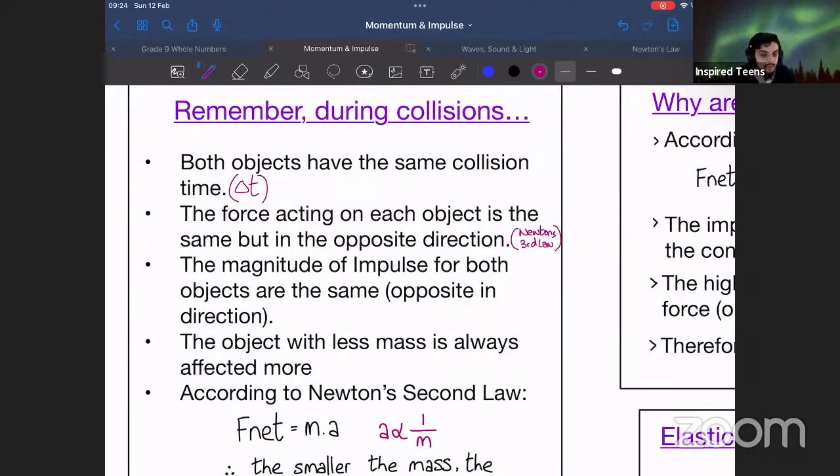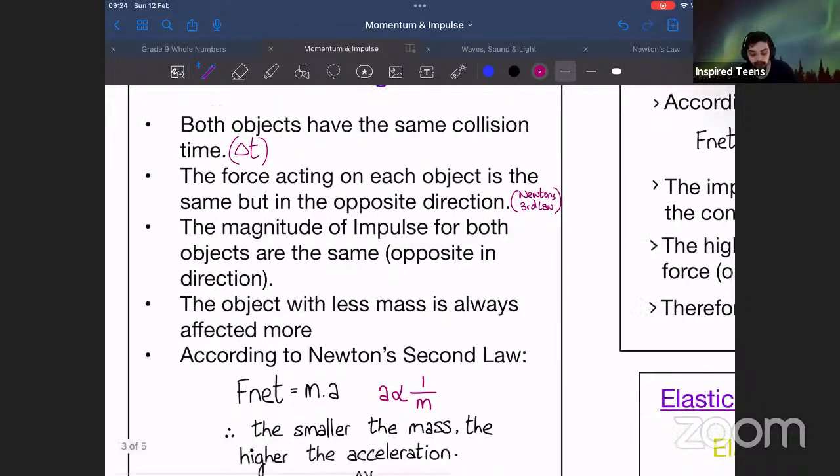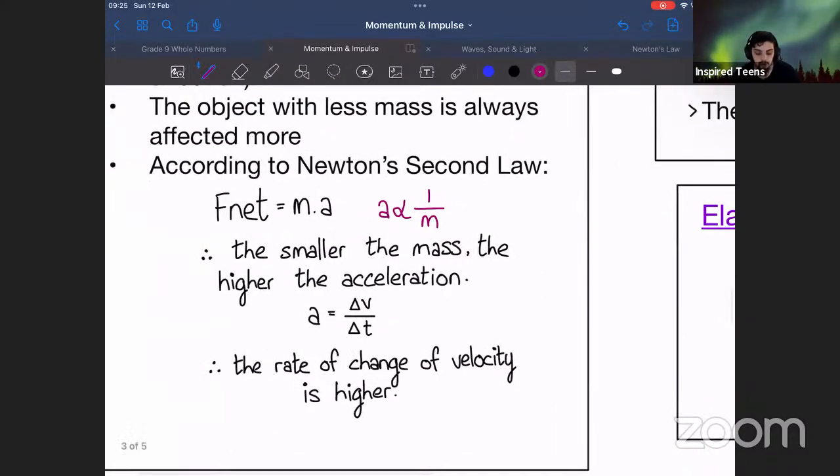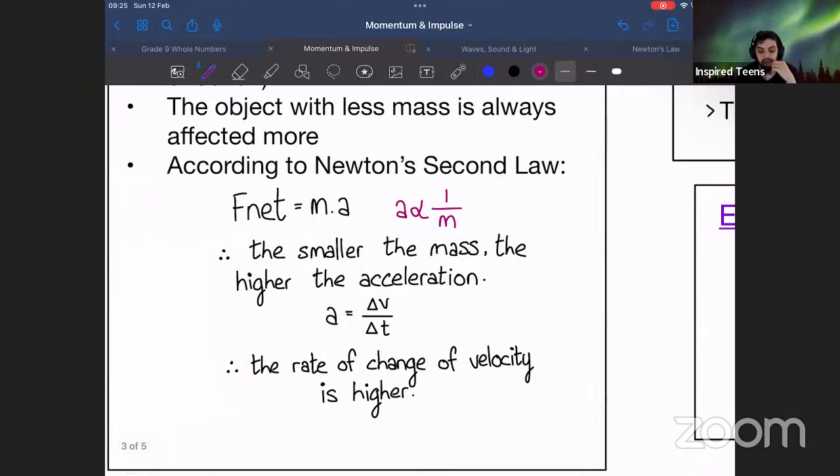Number four, the object with less mass is always affected more. According to Newton's second law, F net is equal to m times a, where acceleration is inversely proportional to the mass. Now we are talking about two objects colliding, one heavier, one lighter.